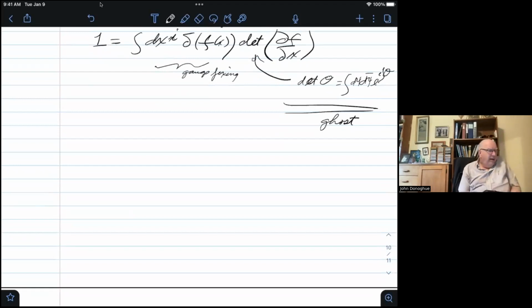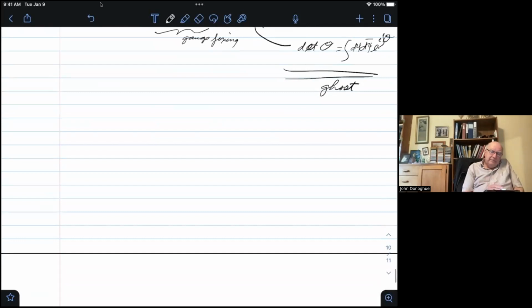Okay. The field theory steps are the following. And given the time, I'm going to just focus on the fermion part. Let's do gauge theories first, like QED.